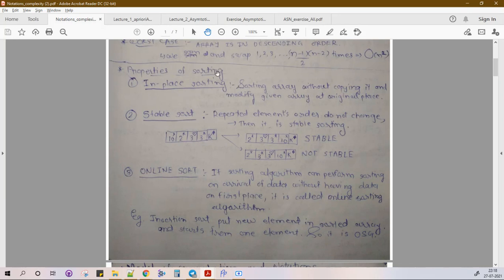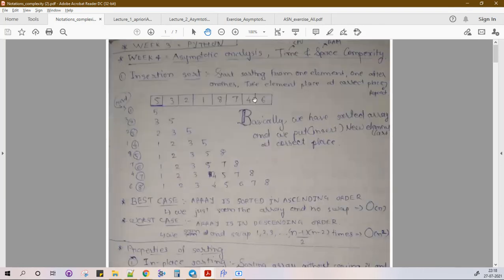Some definitions, terminology alert. So in place sorting, what is the meaning of in place sorting? In place sorting is nothing but we are given the array, and we don't need any auxiliary space to copy this array into that space, then divide them, then connect them, and then give the answer. If we are taking one or two or three extra spaces, that is order of one, right?